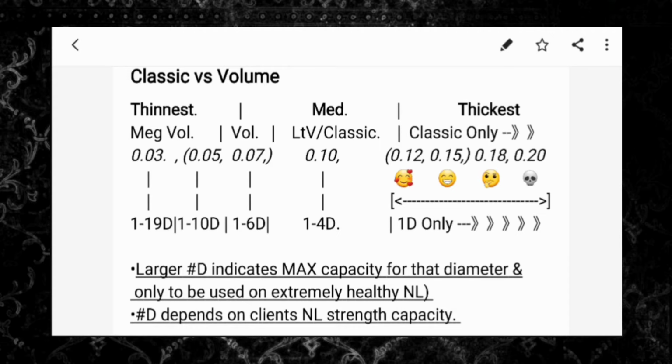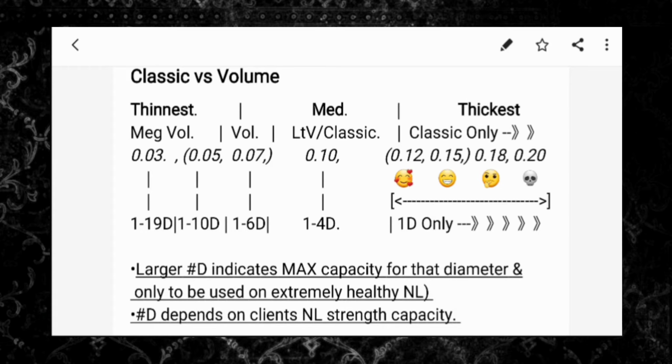Okay, now let's go back to the third line. 0.03. We're going back to the mega volume side, the thinnest lashes. If you go straight down from the 0.03 lash, it's going to tell you what you can do with it.